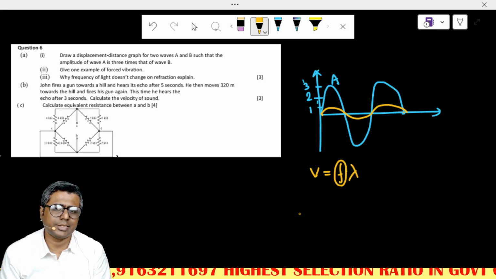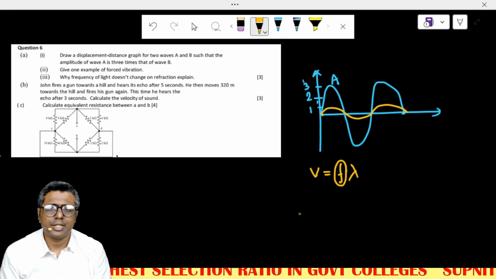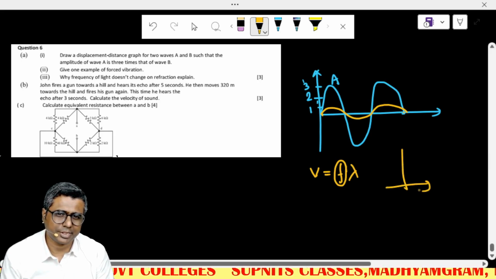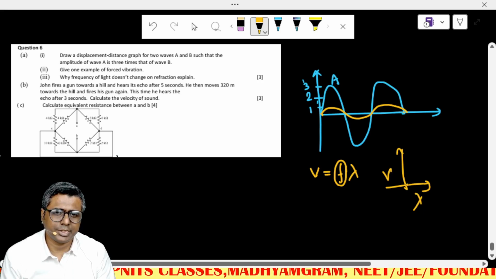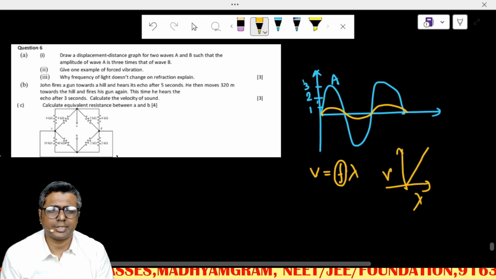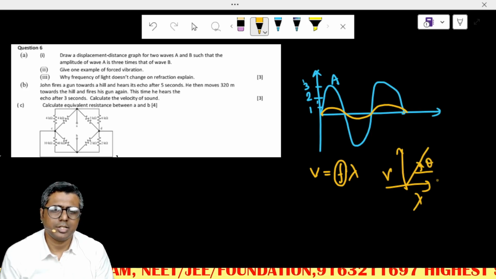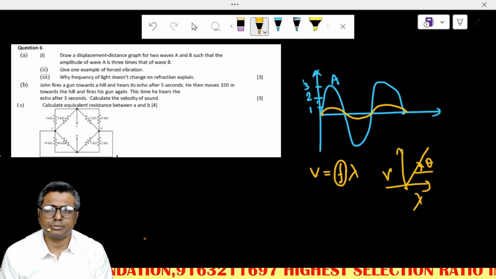What can change? Lambda can change definitely with velocity proportionately, that is in a straight line. Sometimes I may draw a graph also like this. If you draw a graph of velocity versus lambda, if velocity changes, lambda will change in a straight line. That means the slope theta remains constant, tan theta is equal to f, that is frequency, so it doesn't change.